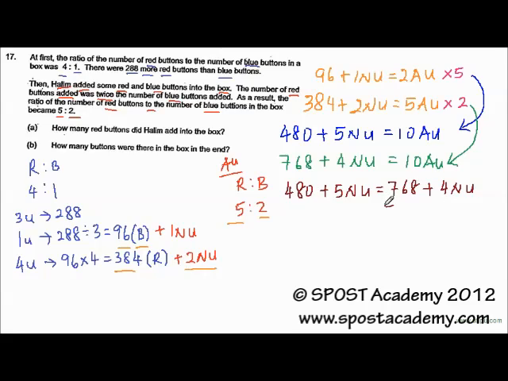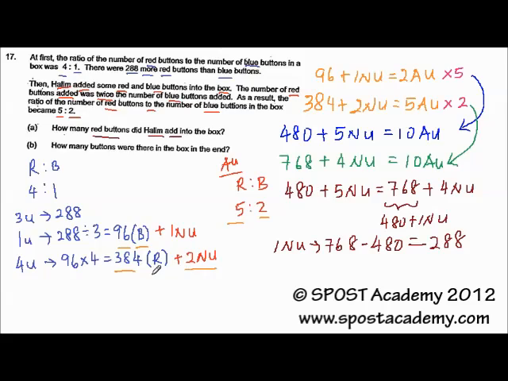Therefore, this must be equivalent to 480 plus 1 new unit. So to get 1 new unit, I will use 768 minus 480, which is 288.